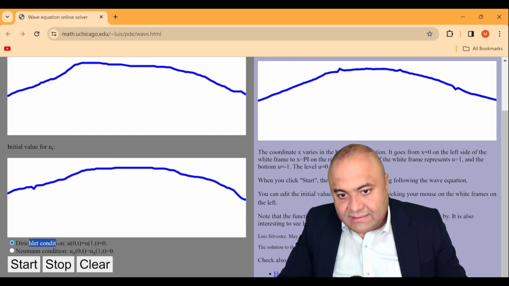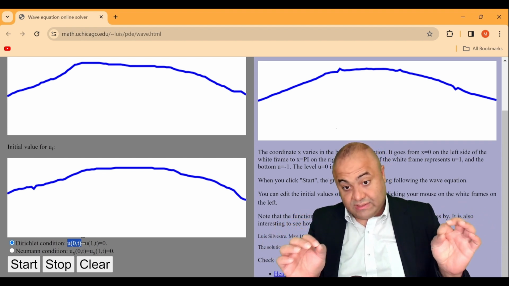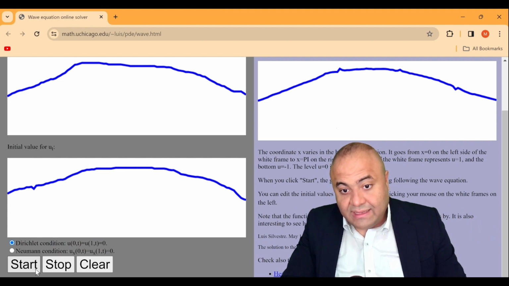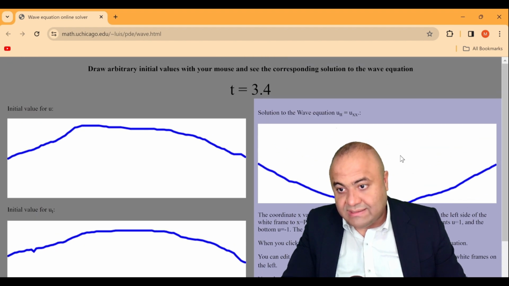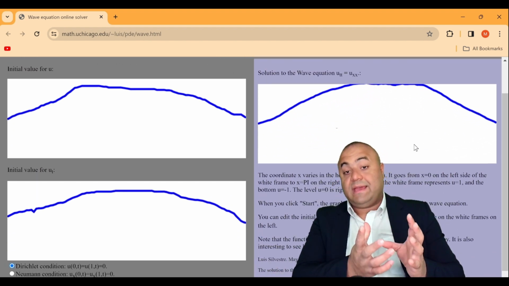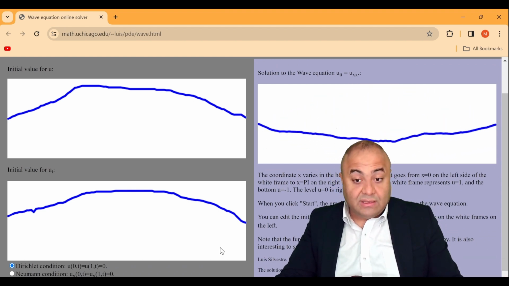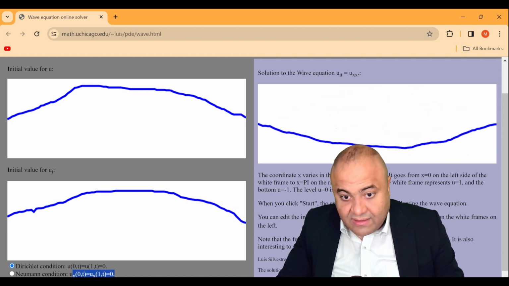And here is the boundary condition. The boundary condition is going to be 0 at the tip at x equals 0, and 0 at x equals 1. And then we just start the simulation. As we can see, it goes up and down as we can expect. Of course, you can do other boundary conditions, though we only have 2 here for this system.